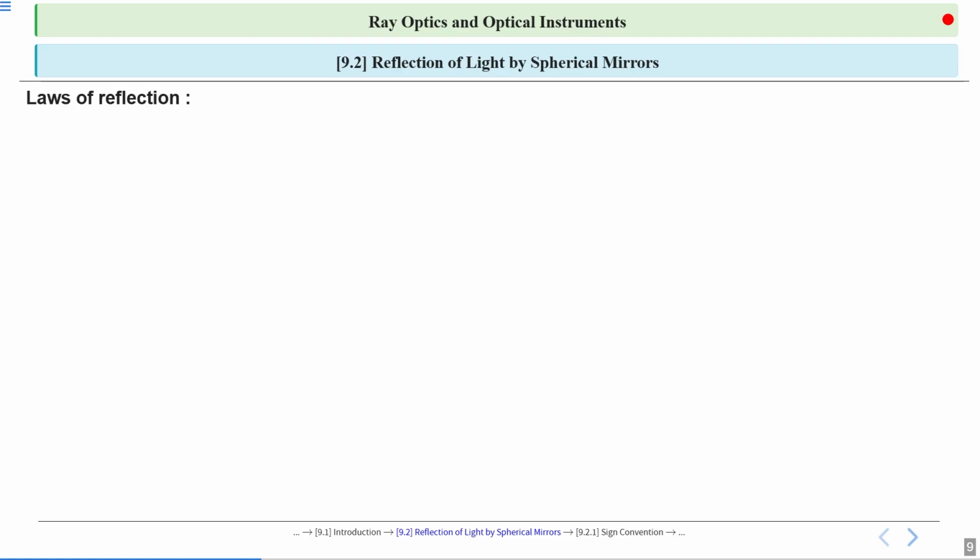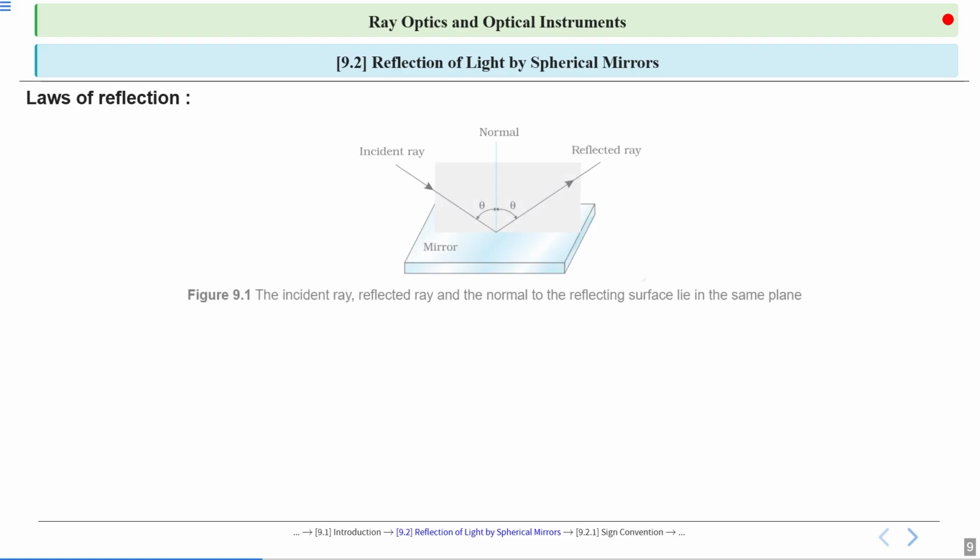So let's start with the law of reflection. In this diagram, figure 9.1, the incident ray, reflected ray, and normal to the reflecting surface lie in the same plane. This is one of the laws of reflection. You can see in the diagram, a mirror is there, an incident ray is coming, and after being incident on the mirror, it is reflected.